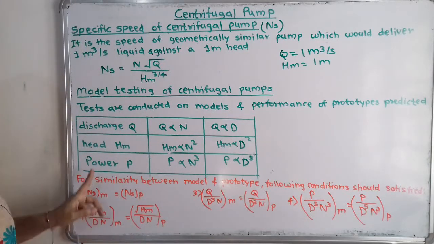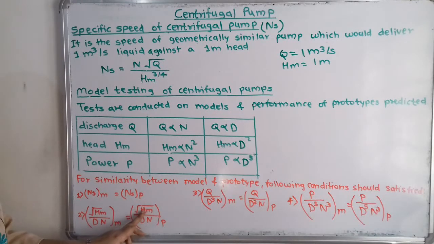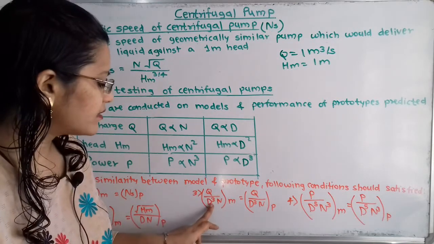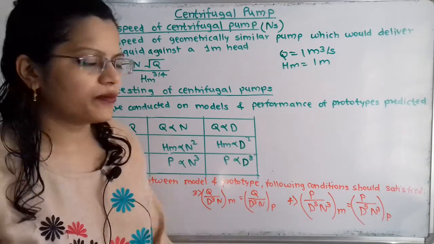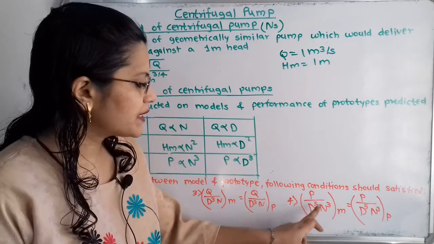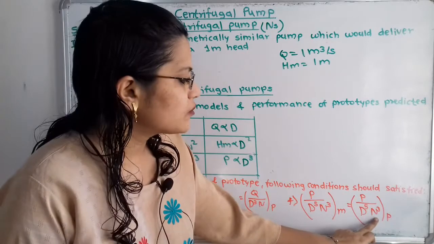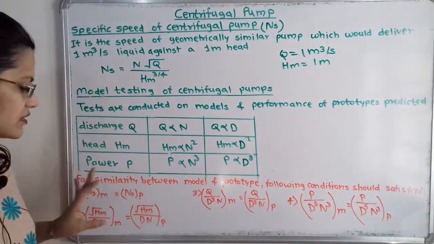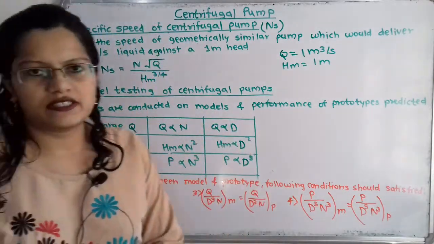The first condition: Ns, the specific speed of the model, is equal to the specific speed of the prototype. The second condition: under root of Hm by DN of the model is equal to under root of Hm by DN of the prototype. The third: Q by D cube N of the model is equal to Q by D cube N of the prototype. The fourth: P by D raised to 5 N cube for the model is equal to P by D raised to 5 N cube of the prototype. These are the conditions we have to keep in mind while solving problems on model testing.